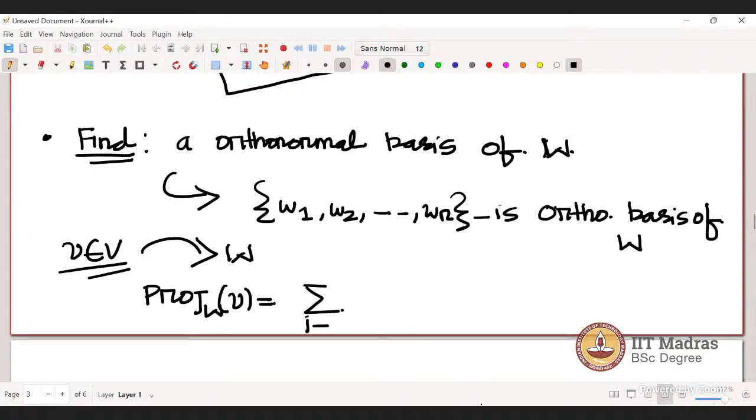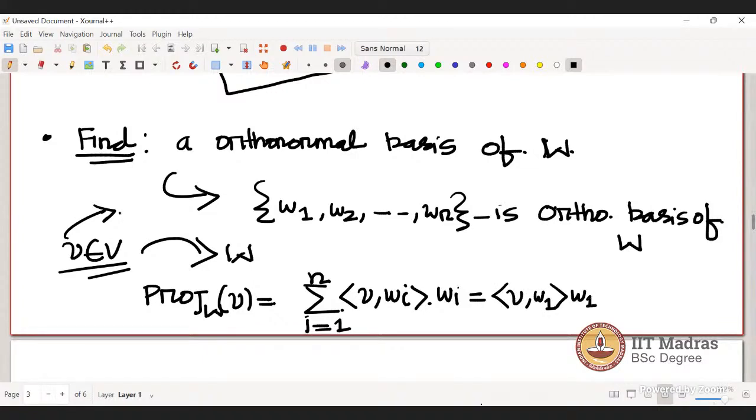the summation, i from 1 to n, of the inner product of V with Wi, times Wi. So this is basically the inner product of V with W1 times W1, plus the inner product of V with W2 times W2, and so on up to the inner product of V with Wn times Wn.